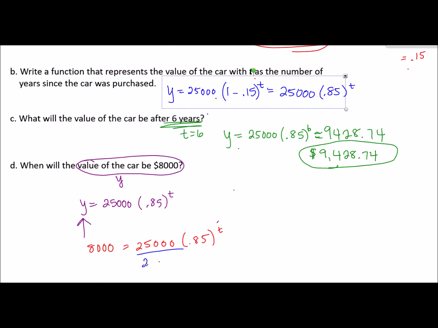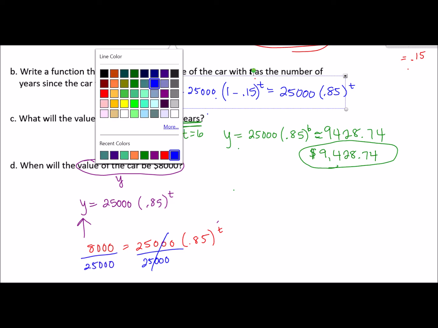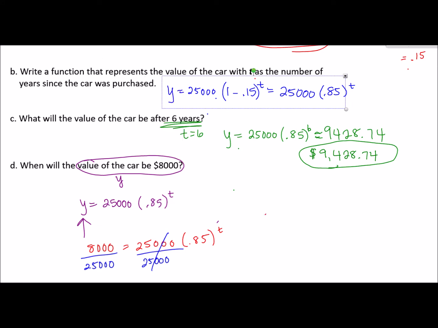Get rid of that 25,000 first. Right, now we are at 0.85 to the t equals, I can reduce that to 8 over 25. And then how do we get that variable out of the power?